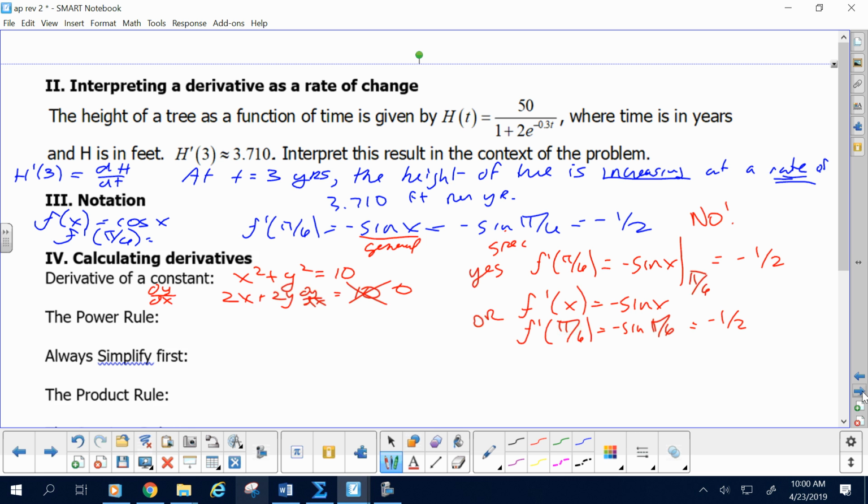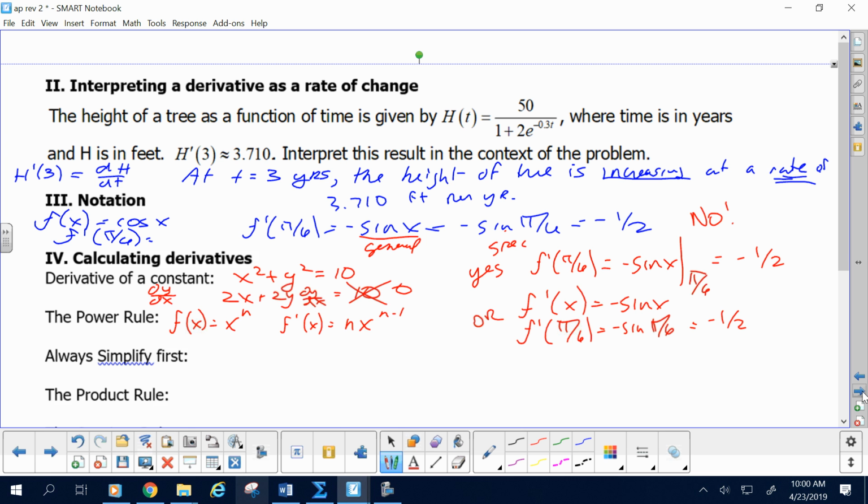The power rule is the greatest shortcut in all of mathematics. If the function is x to the n, then the derivative is nx to the n minus 1. Please be careful not to use that in the wrong way.